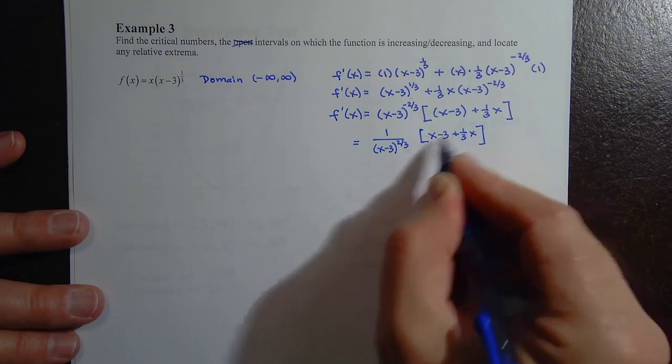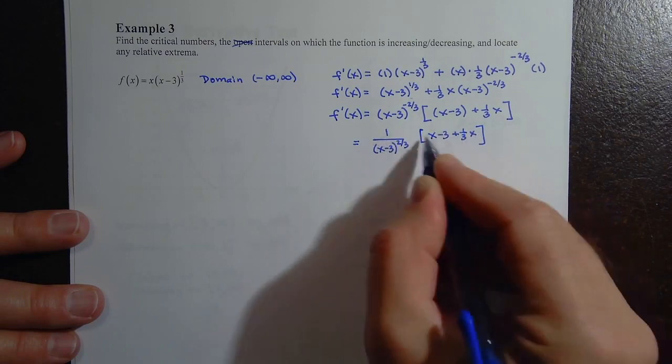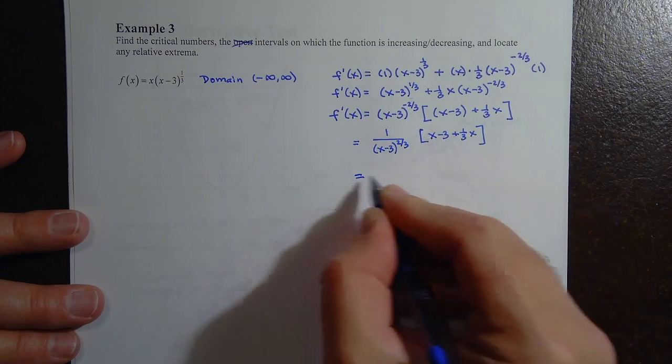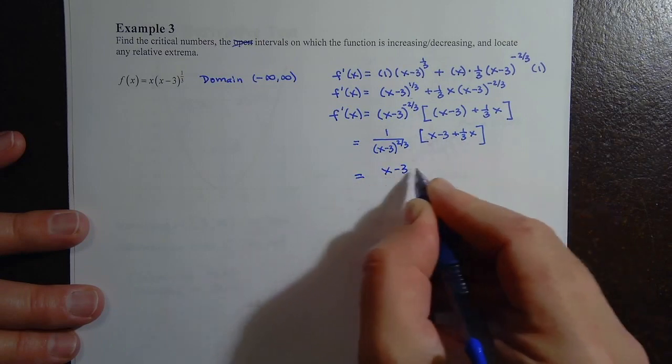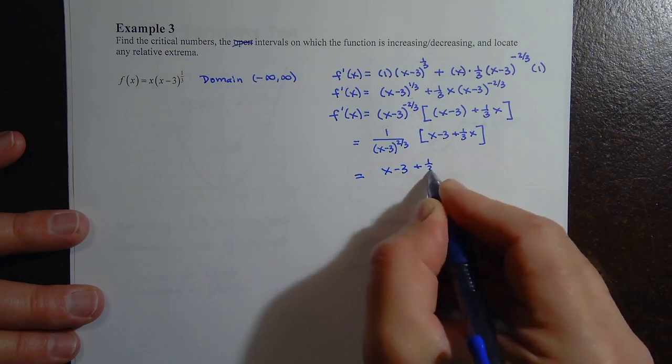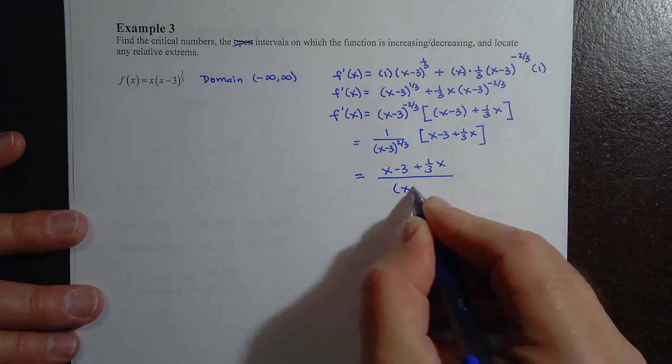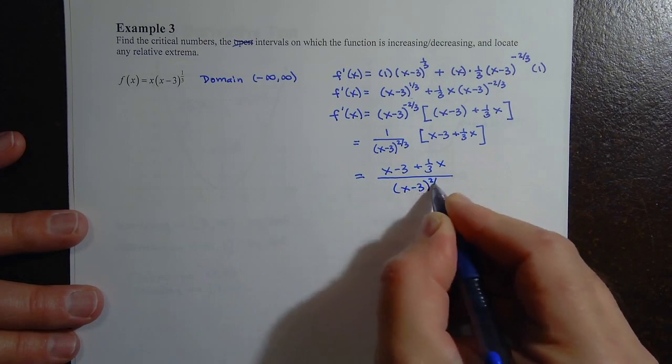So I'm multiplying this with this 1, and this is going to be my numerator. So this becomes x minus 3 plus 1/3 x all over x minus 3 to the 2/3 power.